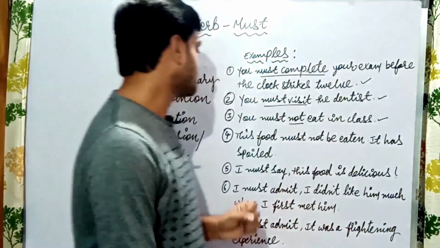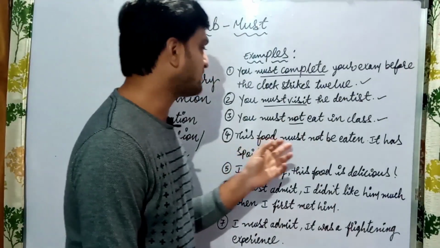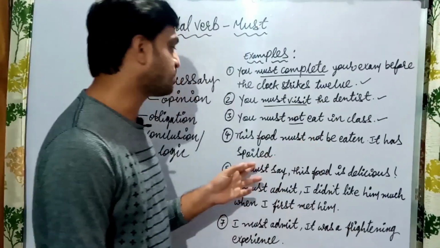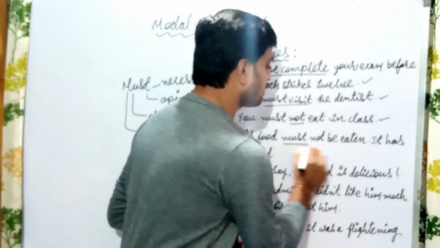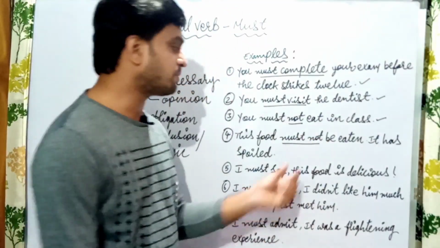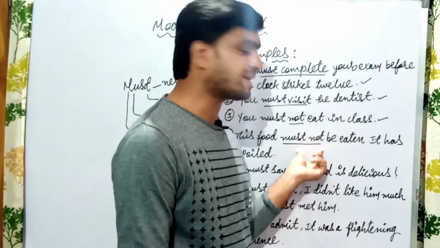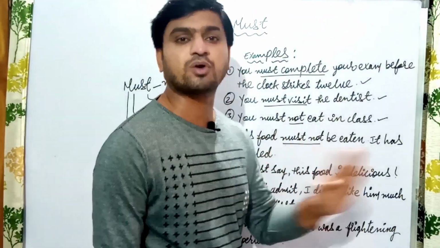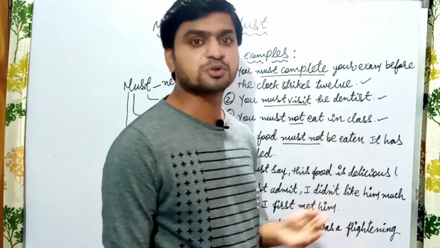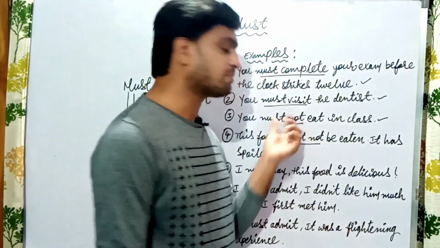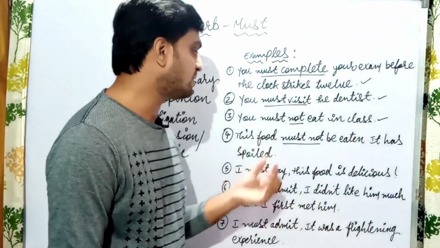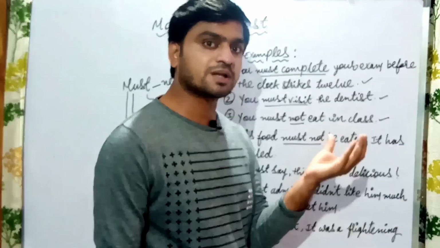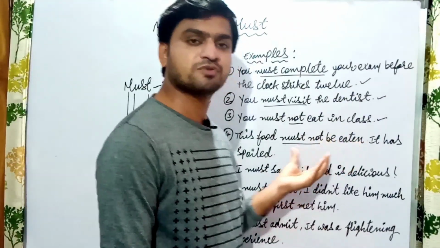So next one, this food must not be eaten, it has spoiled. Here also must not is there. Must not means stop. We are avoiding. We are not making them do it. So that is the meaning of must not here. In this example, the food could not be eaten by them. What is the reason for not eating?